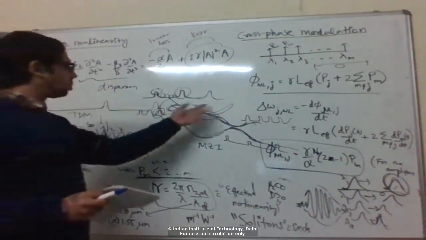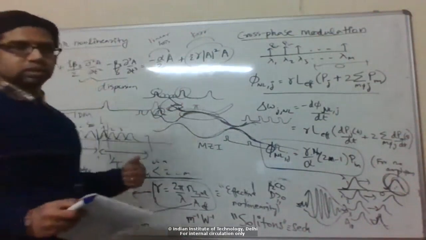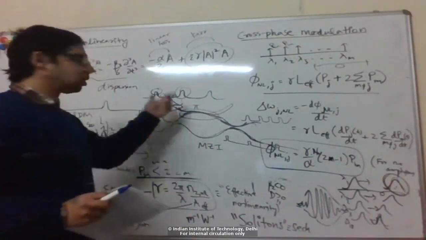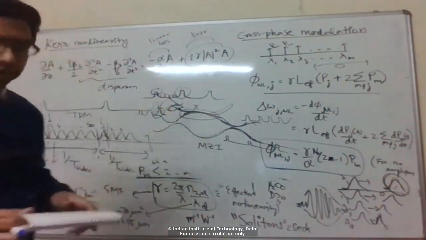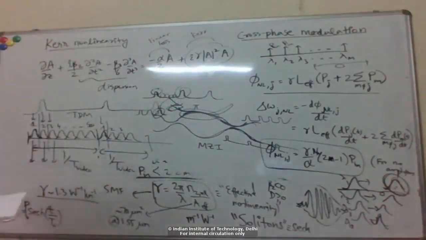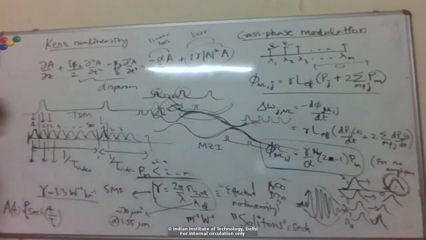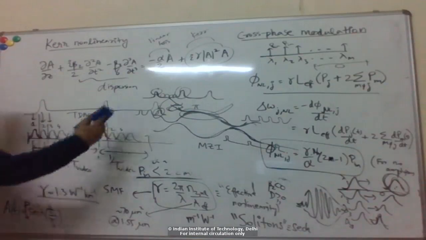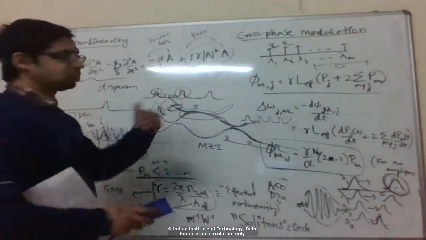Right, so basically you can make all optical switches like this using this Kerr nonlinearity or cross phase modulation. Now there is no limit on the speeds at which you can operate.